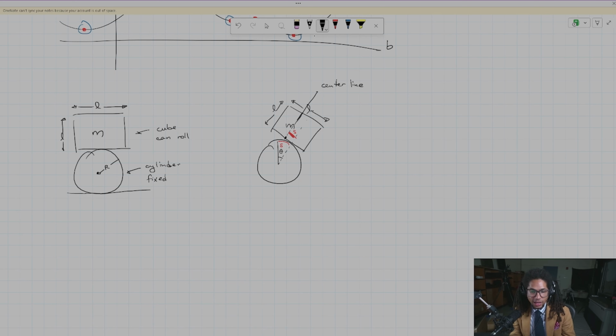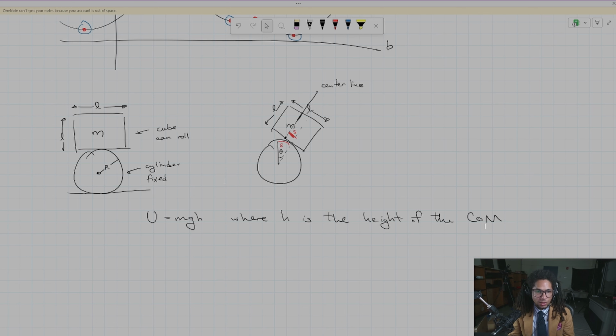Now this is one of the cases in which we can use the center of mass to tell us what the potential energy of the object is. So here, U is equal to just mgh, where h is the height of the center of mass. Great.